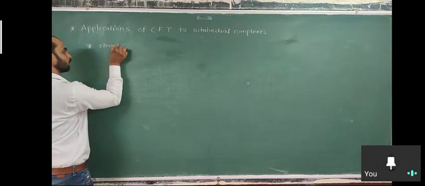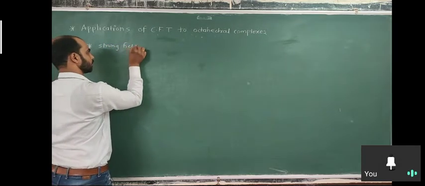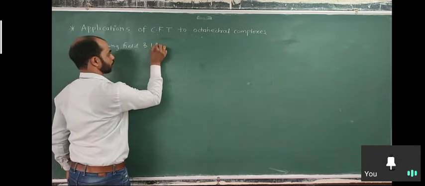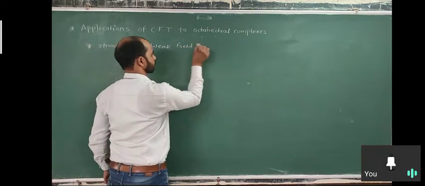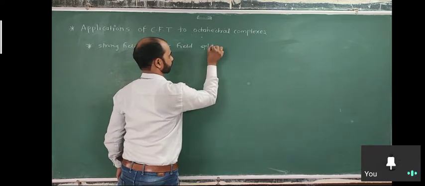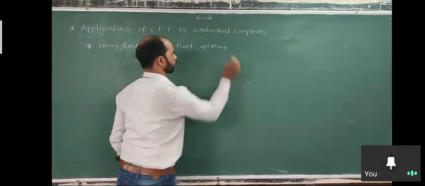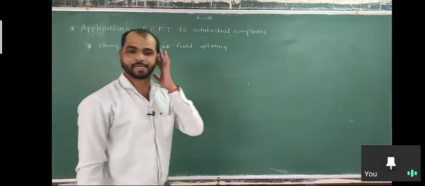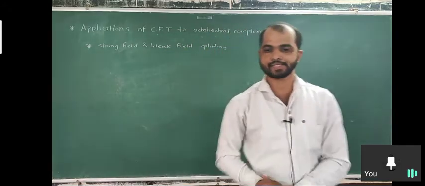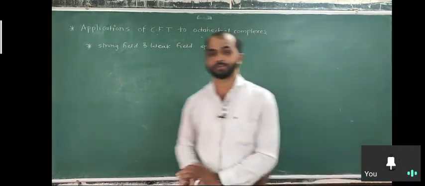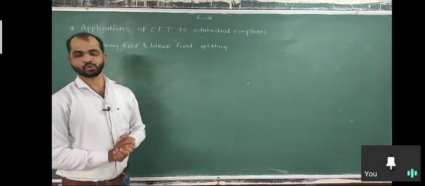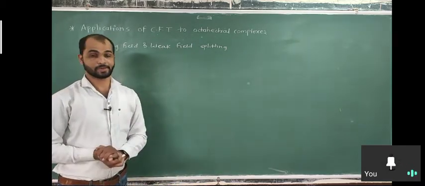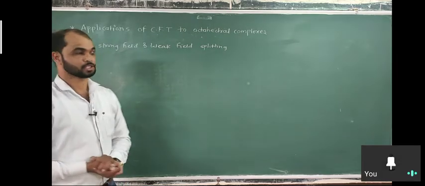Strong field and weak field splitting. In octahedral complexes, the value of 10 Dq is to be considered to understand whether the complex shows strong field splitting or weak field splitting.